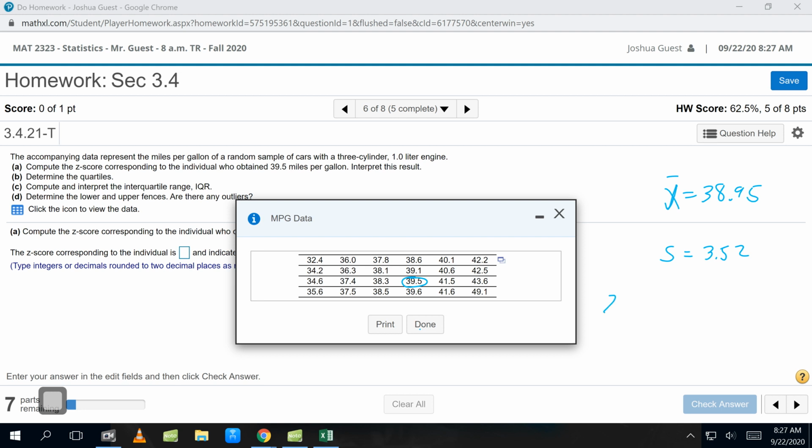So then z-score for this is going to be 39.5 minus 38.95 divided by 3.52. And I hope that they went to two decimal places on this when they did this. So 39.5 minus 38.95 divided by 3.52, 0.16.